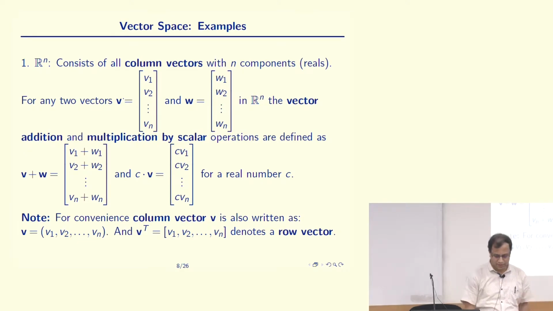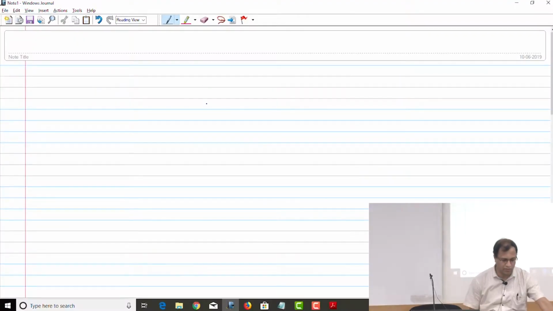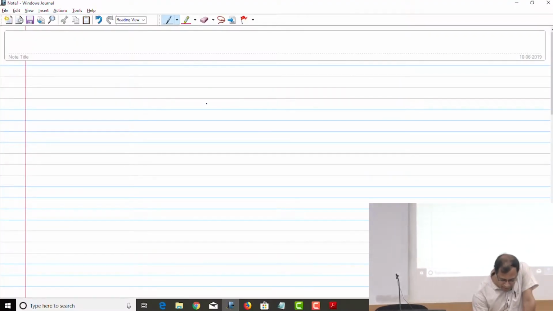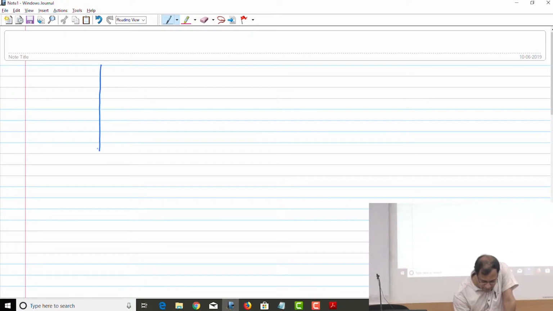The first type of vector space we'll be mostly using is Rn. Rn is the n-dimensional Euclidean space, you can say. A point in Rn will be of this form. For example, if we consider R2, this is our vector space, and I consider a point, say (2, 1).